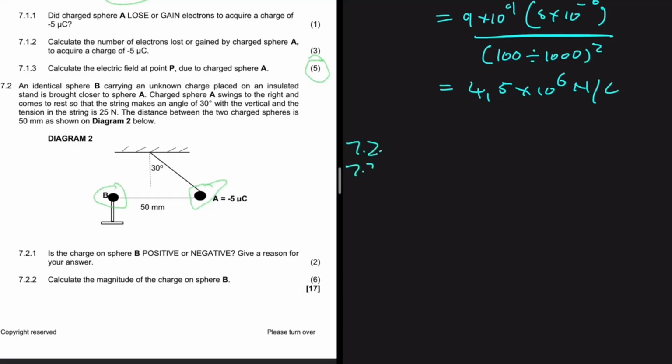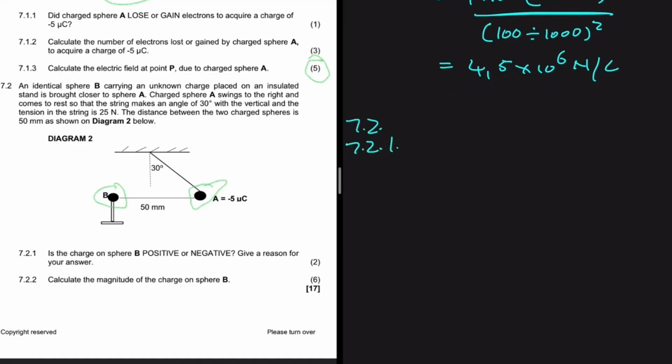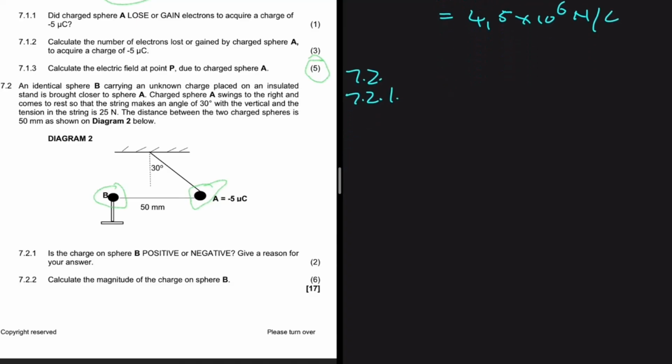7.2.1 says, is the charge on sphere B positive or negative? Give a reason for your answer. So we have sphere B here, and then we have sphere A. When sphere B is moved closer to sphere A, A moves further away. So they should have like charges.